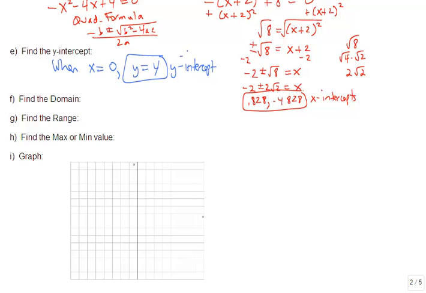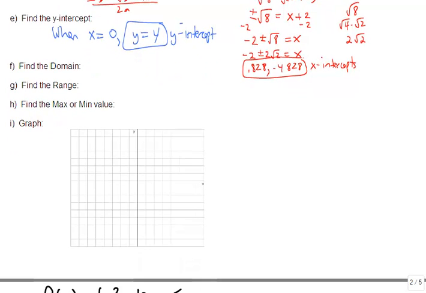Okay? Now, in order to find the domain and the range and find the max or the min, I like to look at a graph to help me do that. So I'm going to go ahead and do my graph first. And what we want to remember here is that we had a vertex at negative 2, 8. And its original equation, just to recopy it so we can have it handy, was negative x squared minus 4x plus 4.